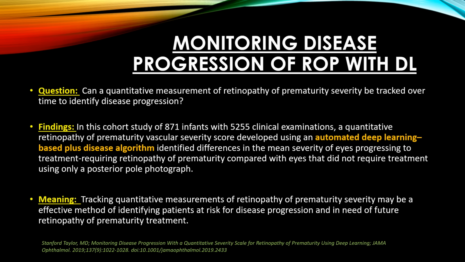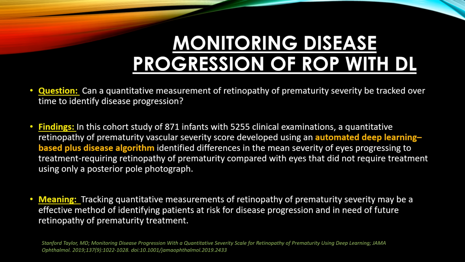So also we need to monitor the disease progression of ROP. So here also deep learning can help us. So can a quantitative measurement of ROP severity be tracked over time? In this cohort study of 871 infants with 5,255 clinical examinations, a quantitative retinopathy of prematurity vascular severity score developed using an automated deep learning based plus disease algorithm identified differences in the mean severity of eyes progressing to treatment requiring ROP compared with eyes that did not require treatment using only a posterior pole clinical photograph.